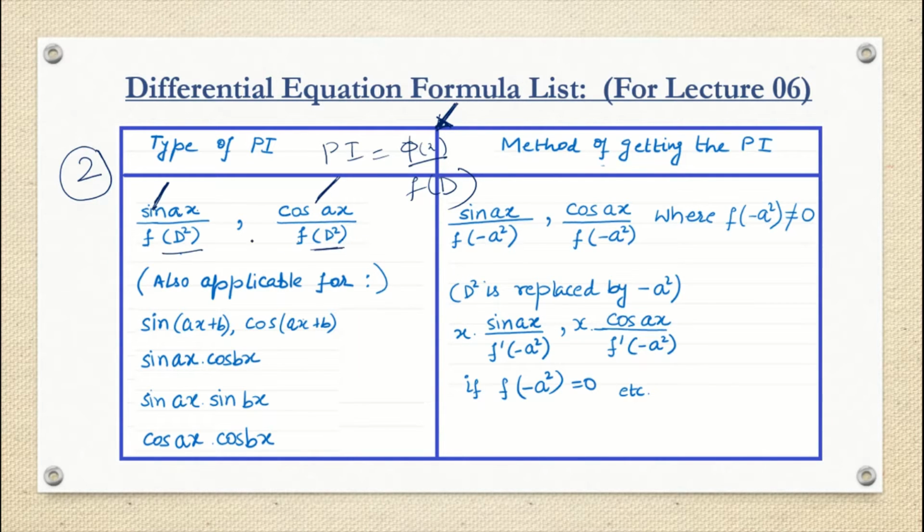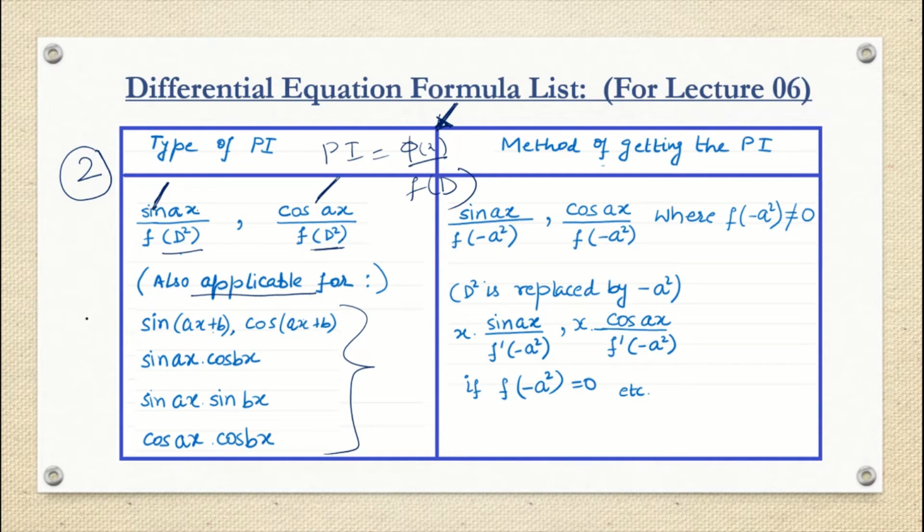Not only sine ax or cos ax will be given in your exam; this is applicable in these types of questions also. Sine ax is okay, cos ax is also there, but sometimes you will find sine of ax plus b or cos of ax plus b.